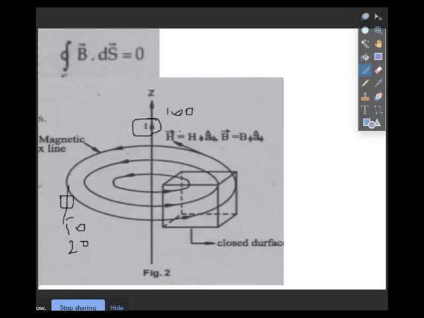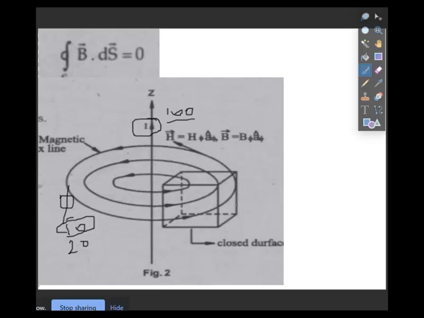If you put a volume inside this area so that the flux lines cross the closed surface, the total flux crossing the closed surface can be found with the help of this expression. This expression shows that we integrate over a closed surface, meaning over all the surfaces.